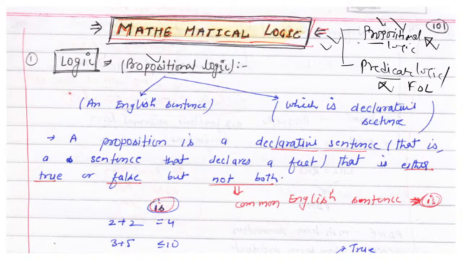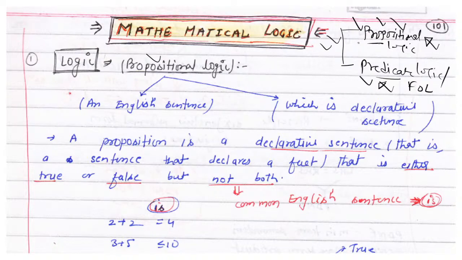Every functionality, every concept that we have in propositional logic, we also have in predicate logic. But predicate logic provides some more features. So first we will see propositional logic and then we will see first order logic.